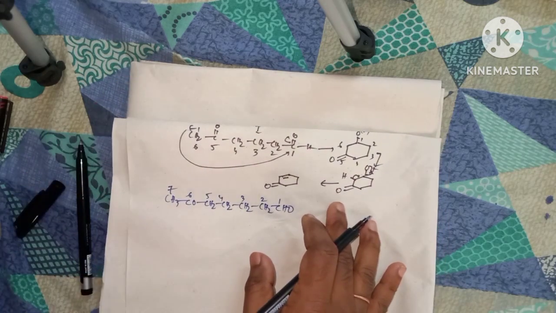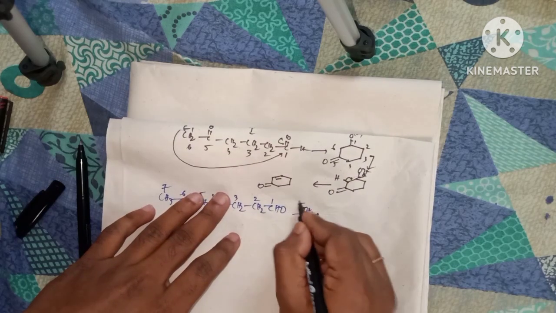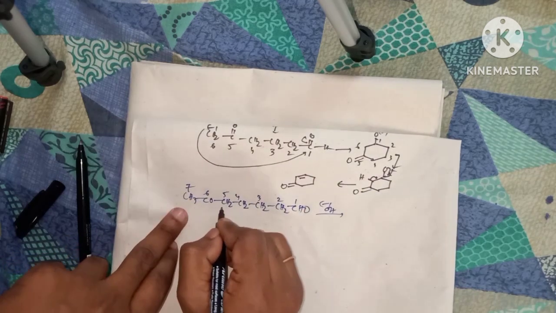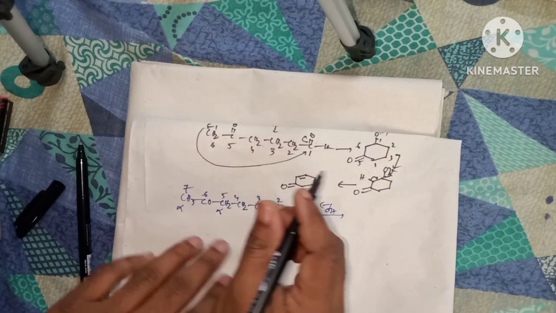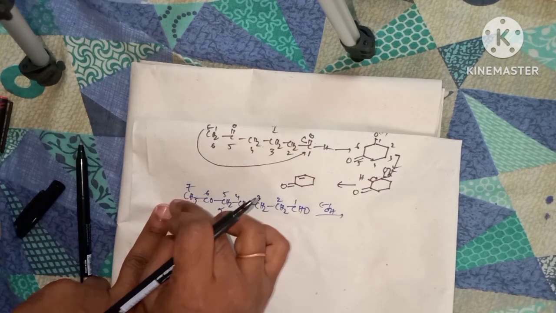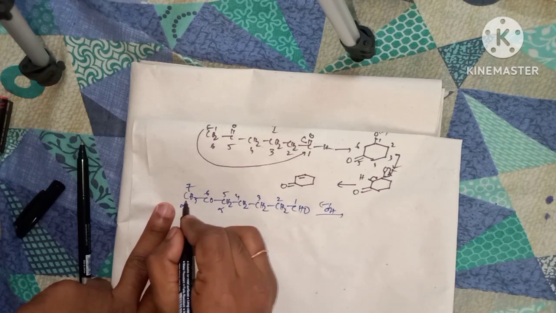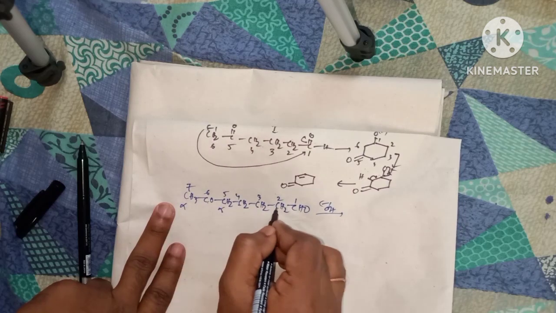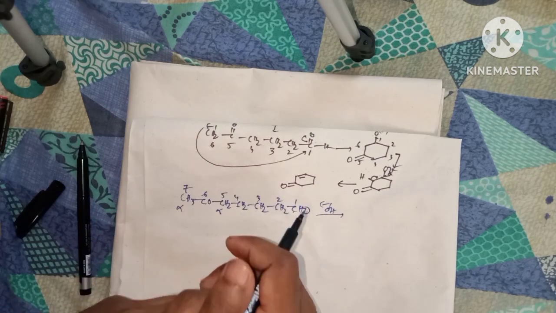We already told that a 5-member or 6-member ring is more stable. Here there is an alpha carbon, and another alpha carbon. If you take the hydrogen from this alpha carbon, it forms a 7-member ring, 1, 2, 3, 4, 5, 6, 7, which is unstable, so we cannot write it here.